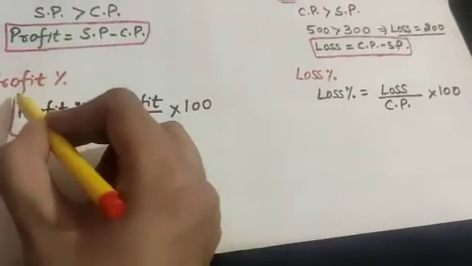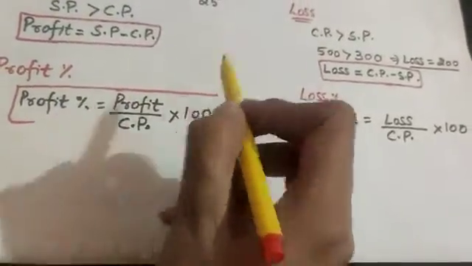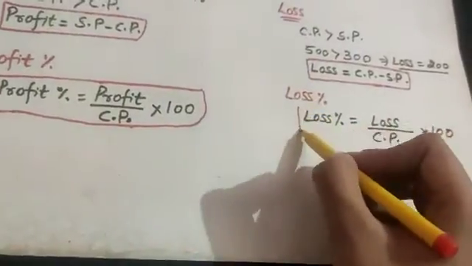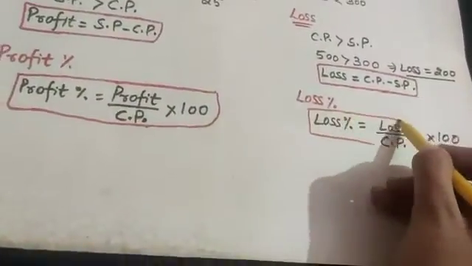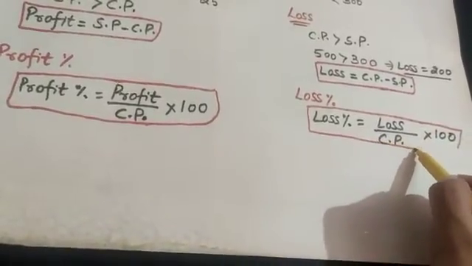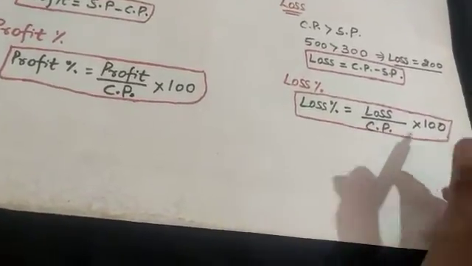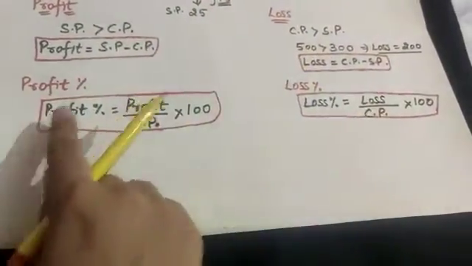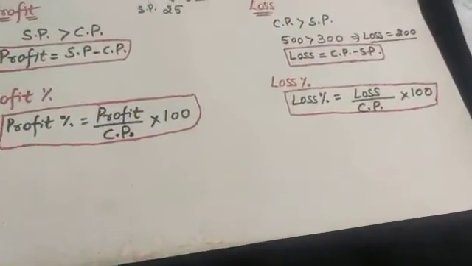So these are the 4 formulas which you have to learn, and all of these 4 formulas can help you solve all the questions. The selling price, the price at which we sell something; cost price, the price at which we buy something; profit, loss, profit percent, and loss percent.